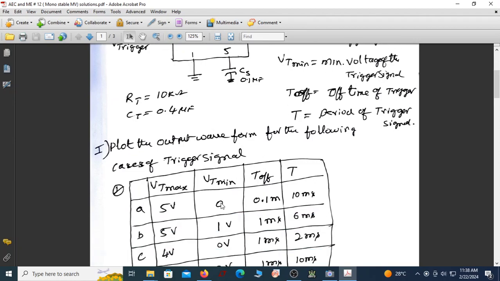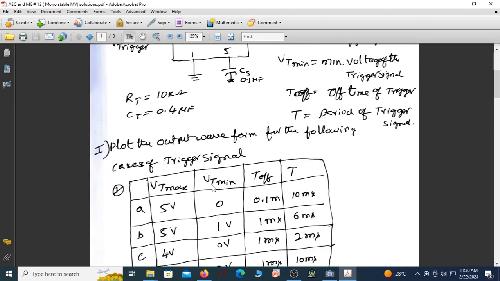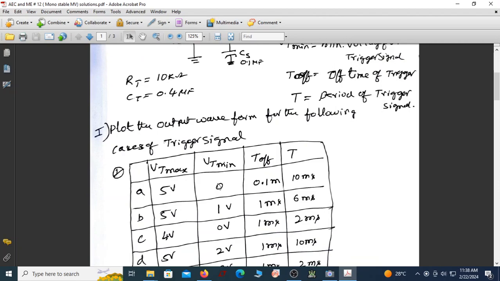If the threshold voltage minimum is less than VTL, which, if you consider this as 5 volt, is 1.66, then this has to be less than 1.66. If it is less than 1.66, then the trigger signal is a valid one. So this is 5, that is 0. Then the off time is 0.1 millisecond. The entire T time is given as 10 millisecond.